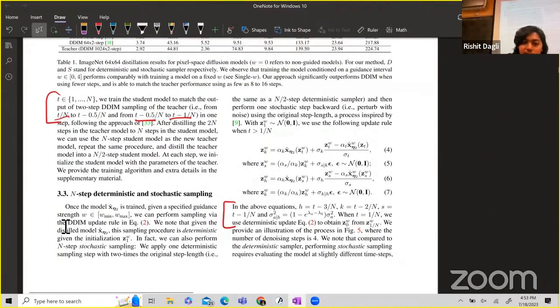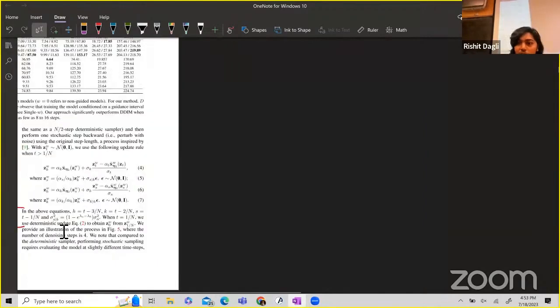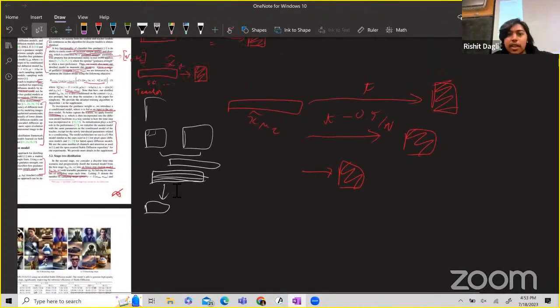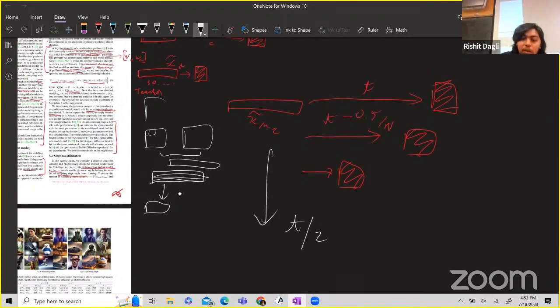So what they say is, once we do this for a single run, which is probably getting down to a single step, you then use the n-step student model as the new teacher, repeat the same process, and distill the teacher model into an n by 2 step student model. Okay. I think what they are trying to do is, once you have this x eta 2 model, it can now do it with t by 2 steps.